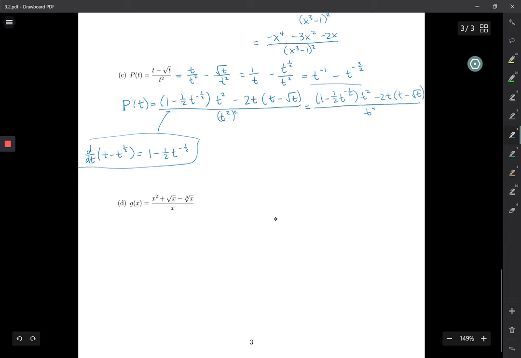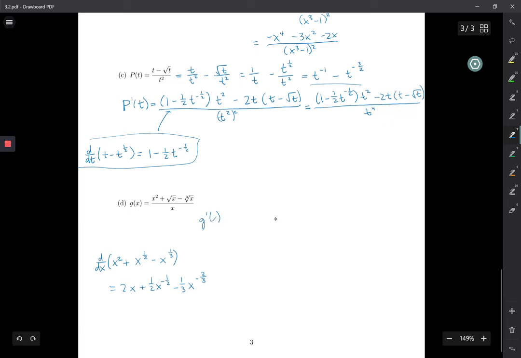So I'm going to compute the derivative of the numerator off to the side. Remember that we would want these in the form x to some power so that we can use the power rule. So this would be 2x plus 1/2 x to the minus 1/2 minus 1/3 x to the minus 2/3. That's the derivative of the numerator.